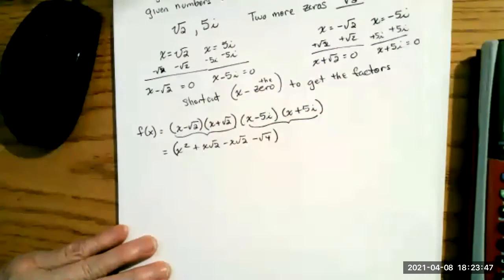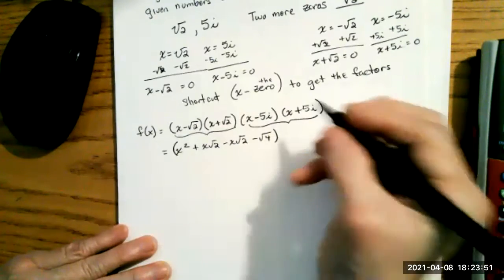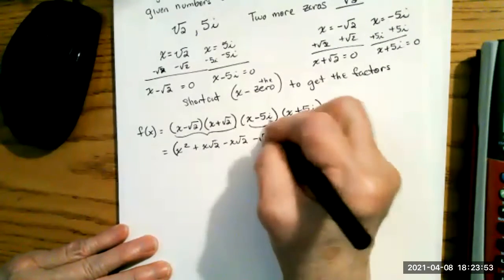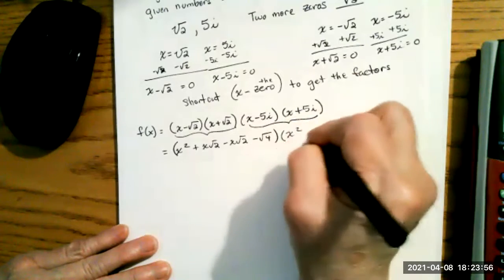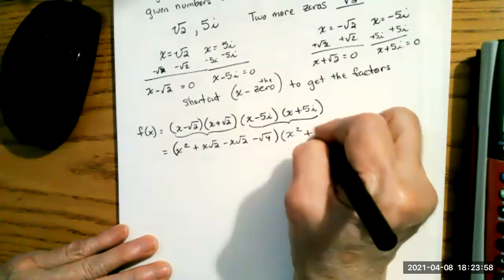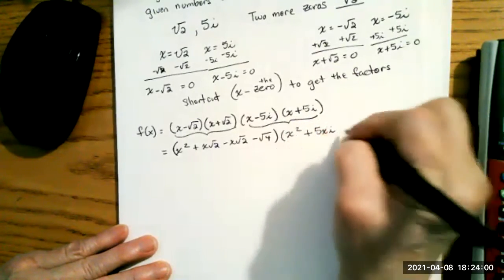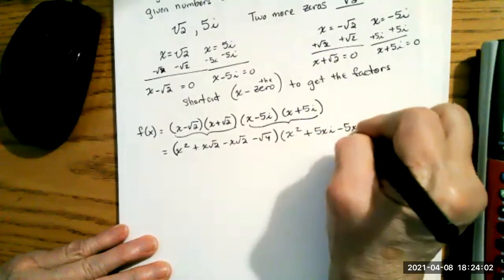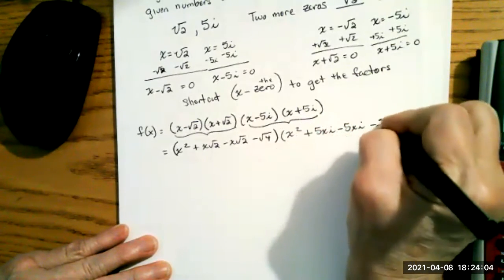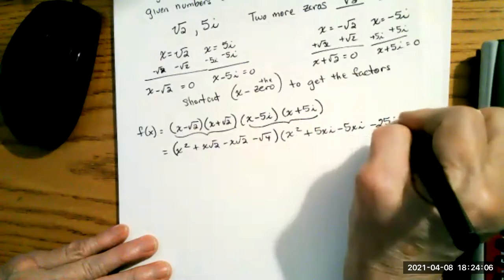So those are the first two multiplied together. Let's do the last two. The last two is going to be x squared plus 5xi minus 5xi minus 25i squared.